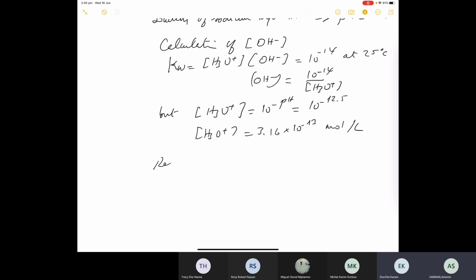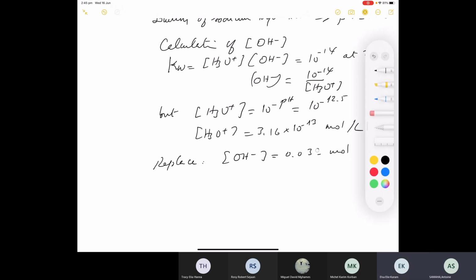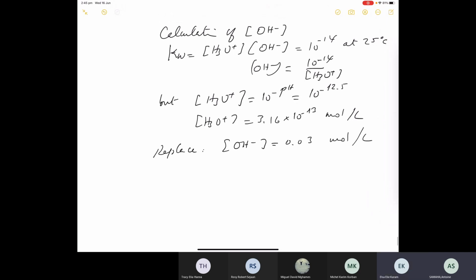Then we replace, and the concentration of OH minus comes out as 0.03 mole per liter. Is it 0.032? I wrote it as 0.03. Okay, 0.03 mole per liter.